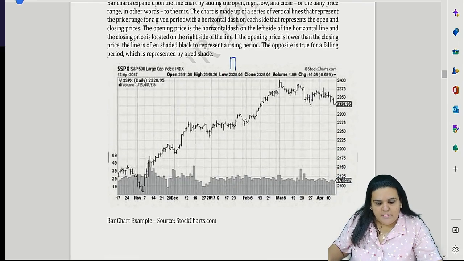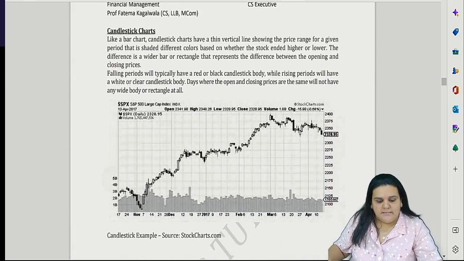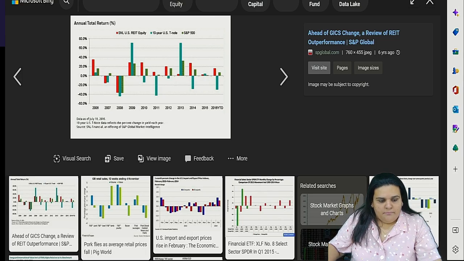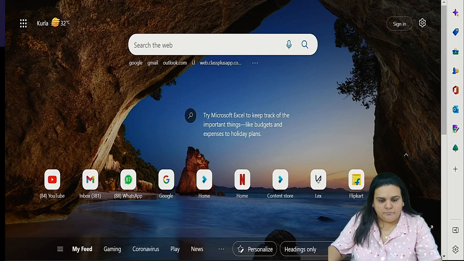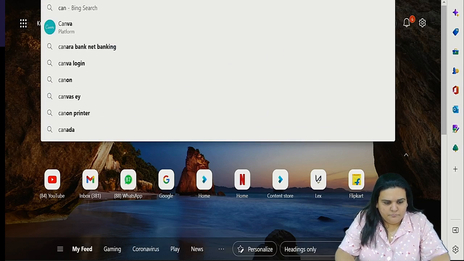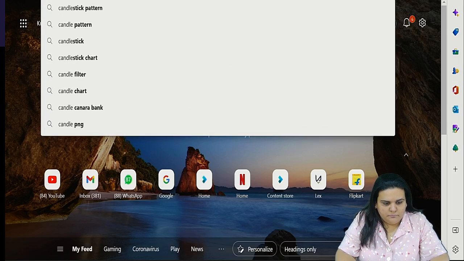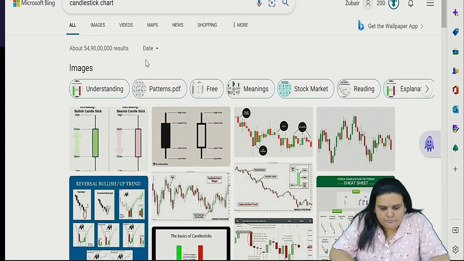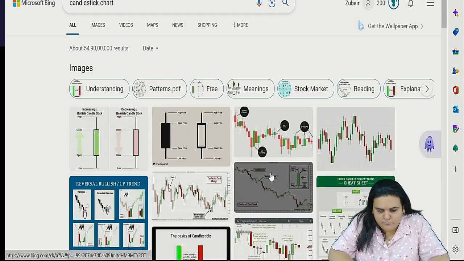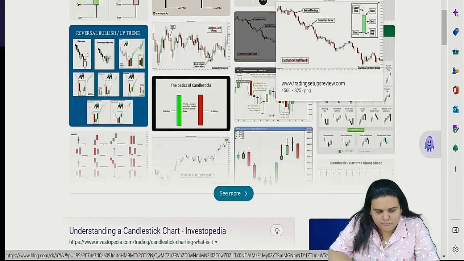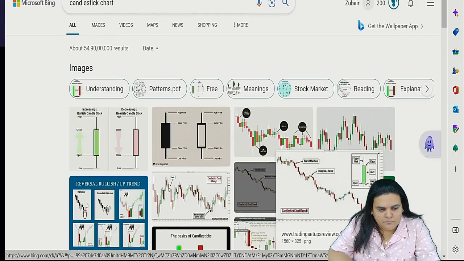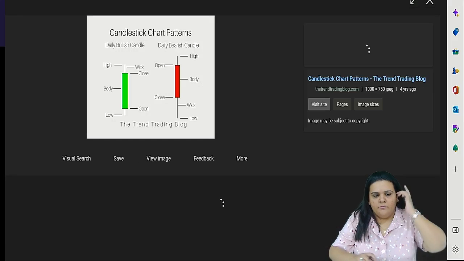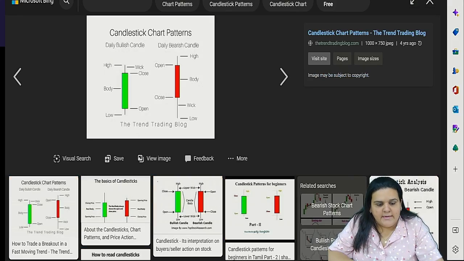Similarly, with the bars, you can make a candlestick chart. Now see, what is a candlestick chart? This is a candlestick pattern.